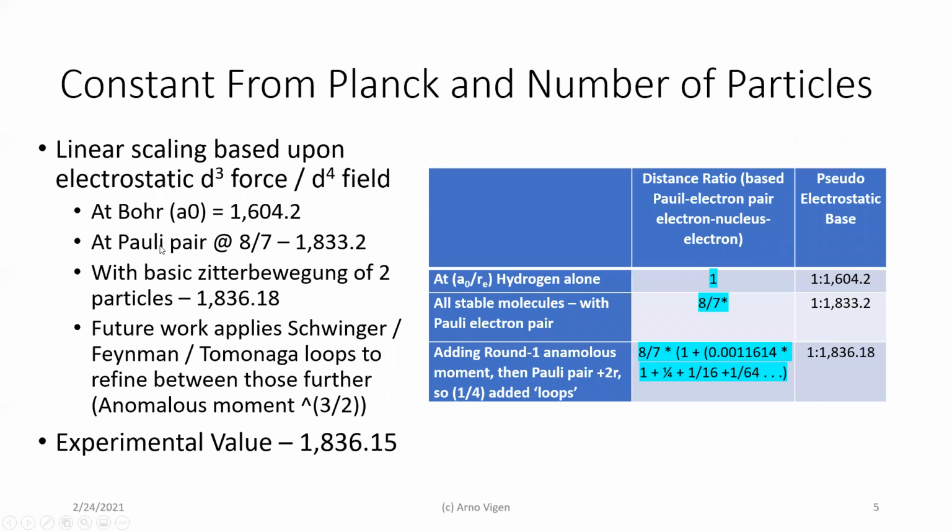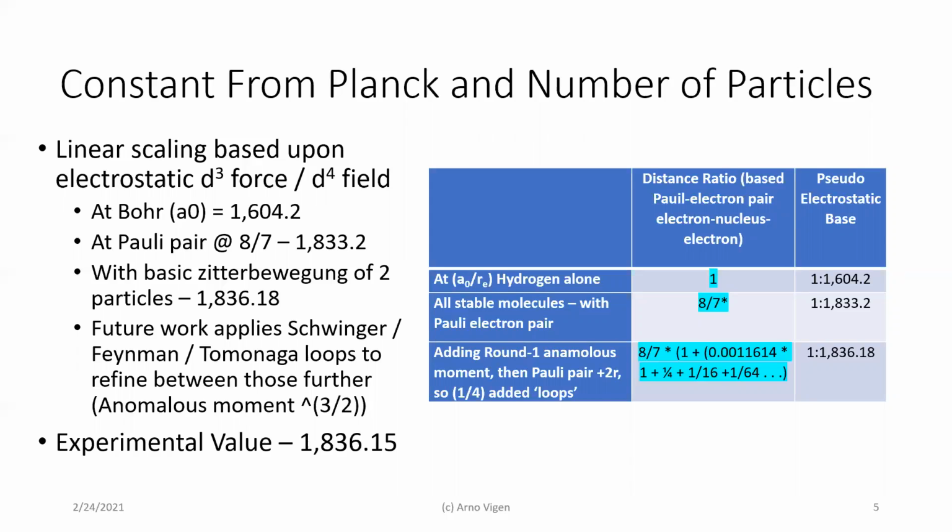You see, if you take just the scaling of the 3/4 power of the fine structure constant, the equilibrium over edge distances, as a field ratio, distance over distance being dimensionless. But then you add that it has to be a Pauli pair set, you get 1.833.